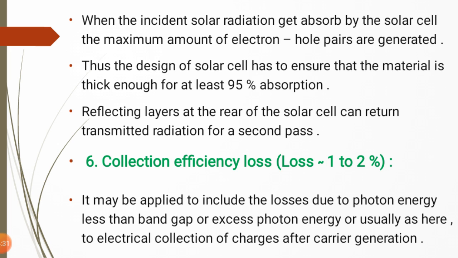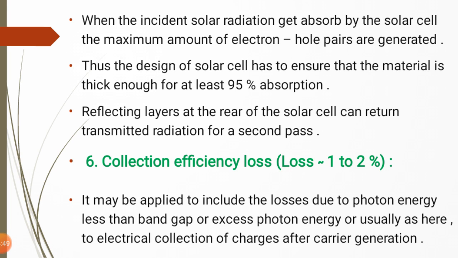As we discussed, there are photons which have energy greater than the band gap of that semiconductor, or less than the band gap of that semiconductor. There are two possibilities, but after that again there is a probability phenomenon.